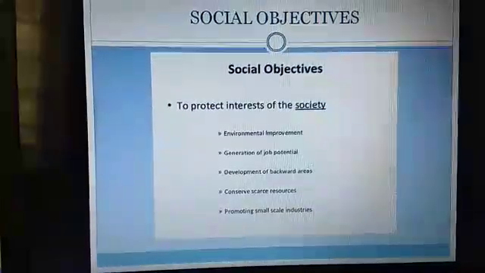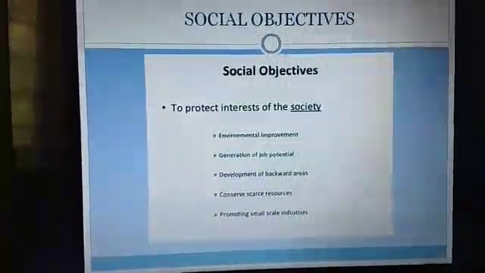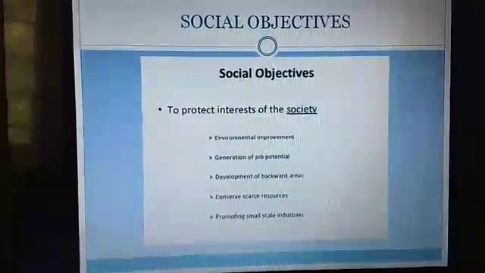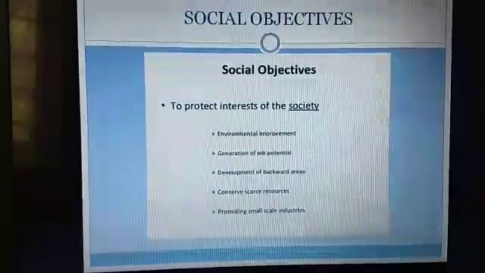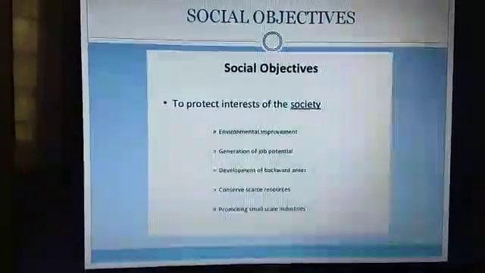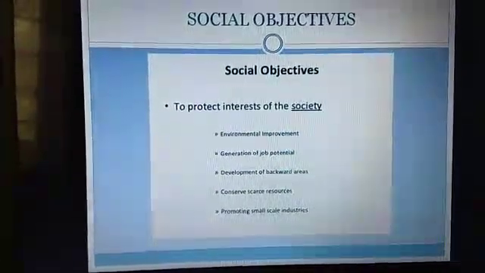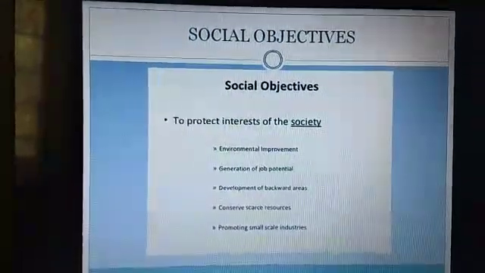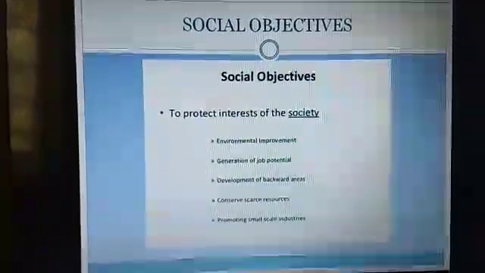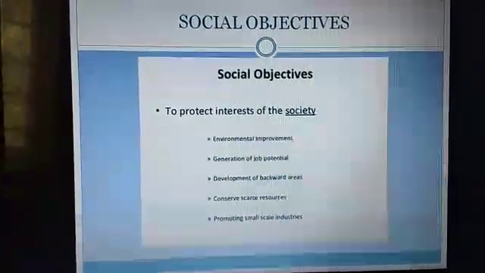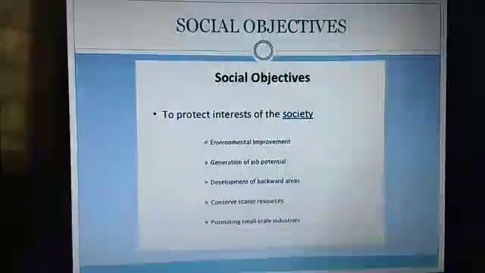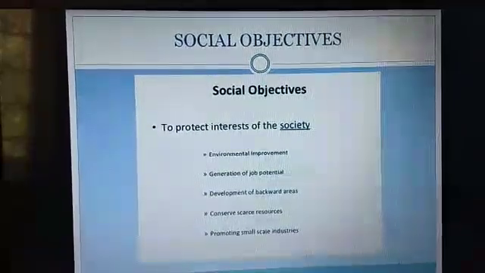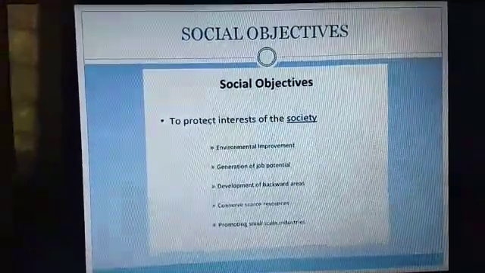A very common example of social responsibility under social objectives, which is very much in the news nowadays, is the contribution by big companies to combat the coronavirus, which is spreading everywhere. Some of the renowned companies contributing to combat this situation are Asian Paints, Reliance, Tata, Infosys, etc.